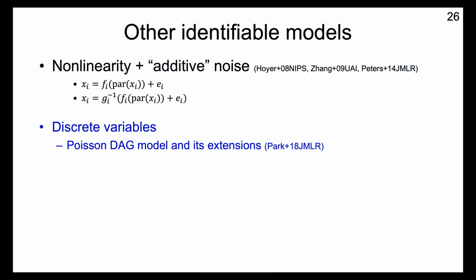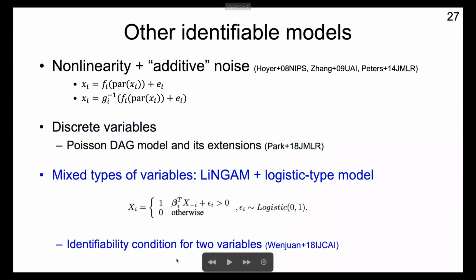But there are also identifiable models for discrete variables. For example, they assume Poisson distributions. And third, this would be a more realistic setting where we have both continuous and discrete variables.